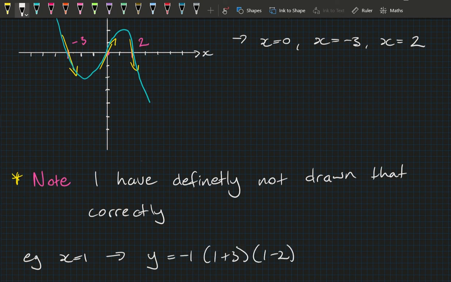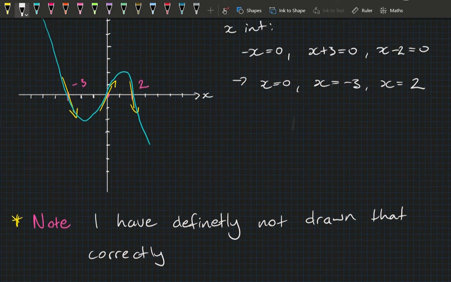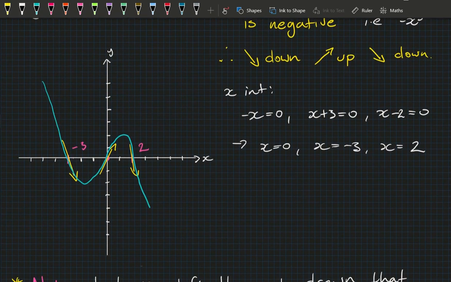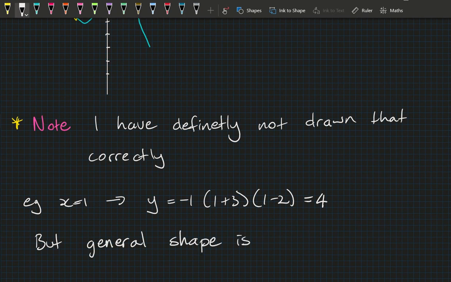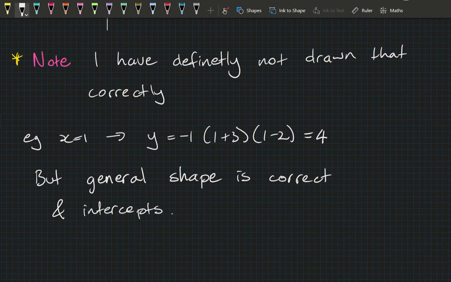And minus 1 times 4 times minus 1 just makes 4. So y should be 4 there, but if you have a look, I've probably only got 2. But having said that, the general shape is correct. And so are all the intercepts. And that's what you really need to focus on, okay?